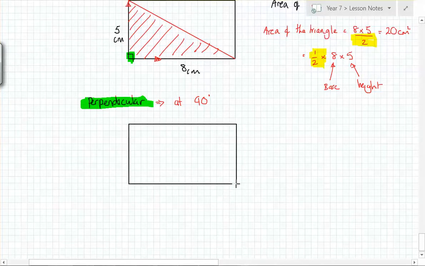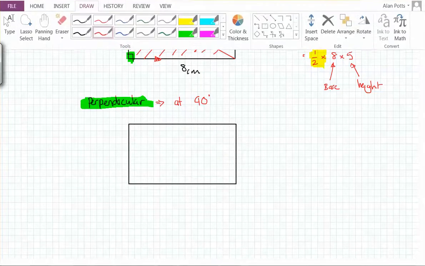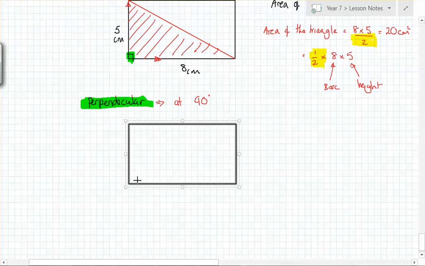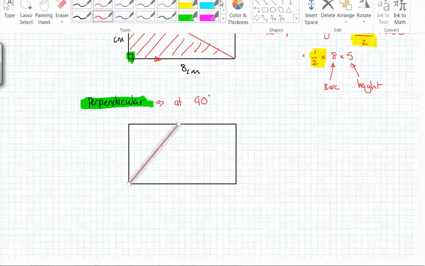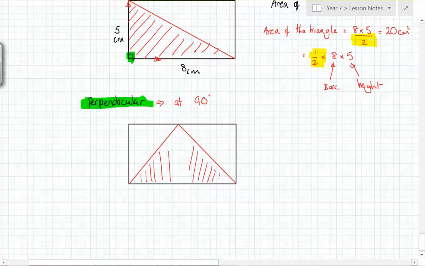And what I want to do this time is pick a different point and draw your lines to make a triangle. So I'm going to go to the middle of the top, so I'm going to do that. Okay. And I'm going to do that. And this now is the triangle that I'm looking at.